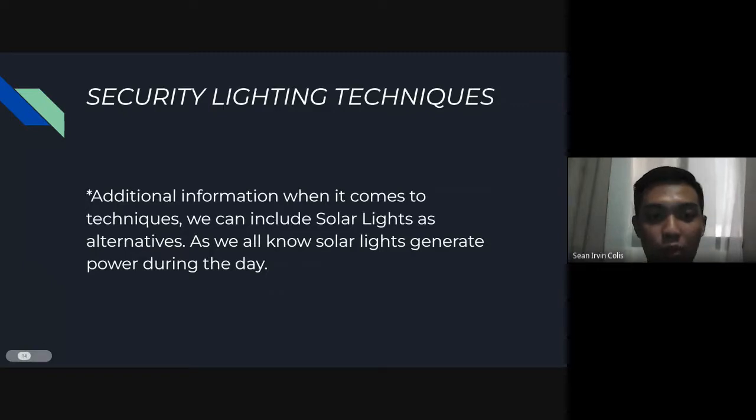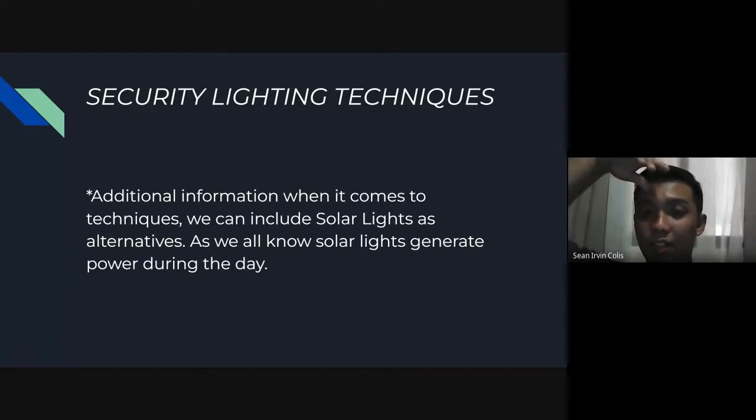So next, additional information when it comes to techniques, we can include solar lights as an alternative security lighting. Solar lights typically generate power during the day and they are turned on when it's night. Putting solar lights inside or outside your house, when someone is passing by, the light will suddenly turn on.